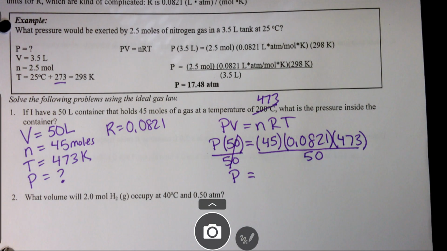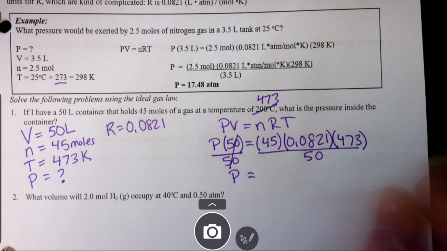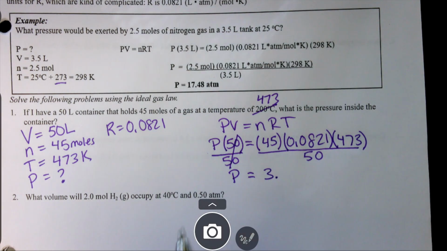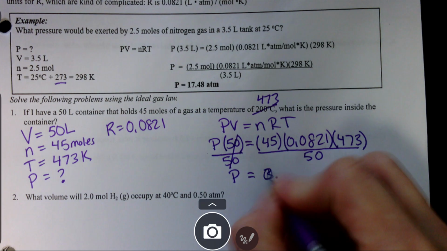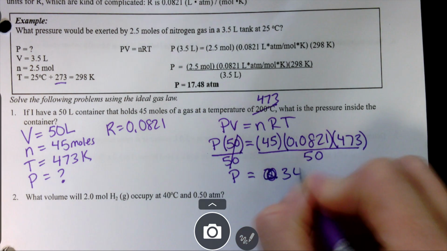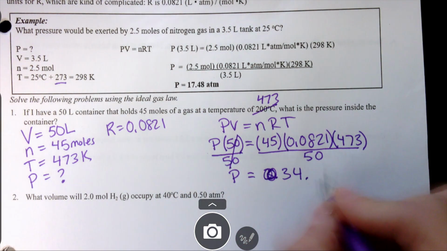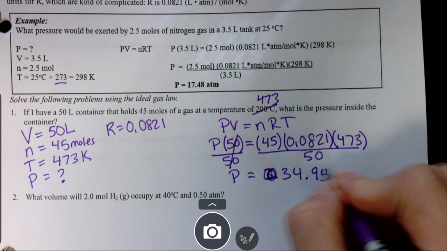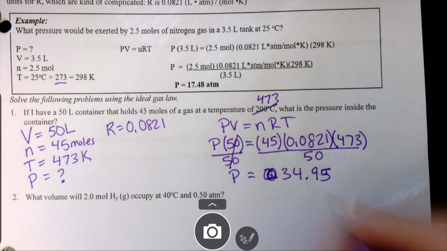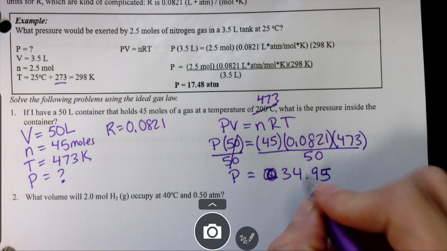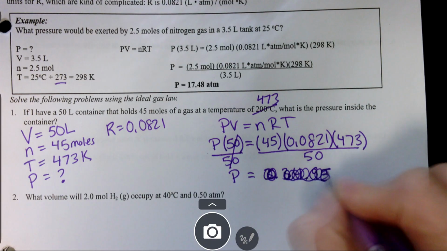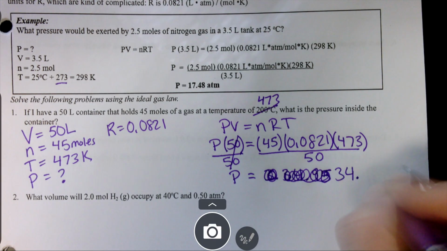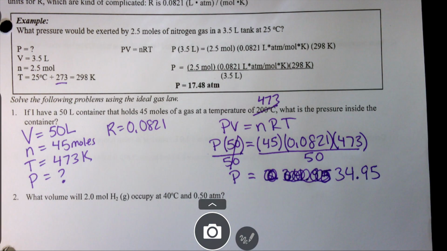This is how I get P is equal to 3. Whoops, that's not right. 34.95. I'm just going to rewrite that whole thing. Hold on. 34.95 atmospheres.